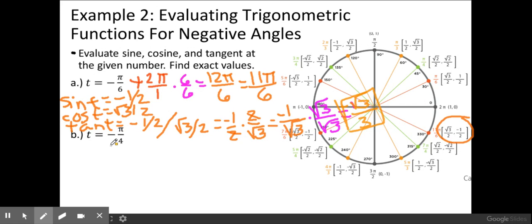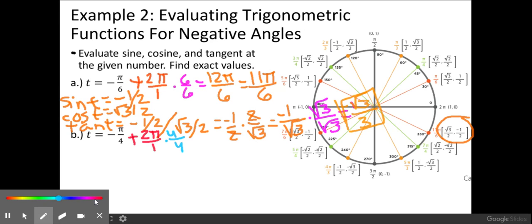We can do the same thing for negative pi over 4. So once again, it's a negative, so we have to add 2 pi. So plus 2 pi over 1. And when we add 2 pi over 1, that does not have a common denominator. You multiply by 4 over 4, and you get 8 pi over 4.